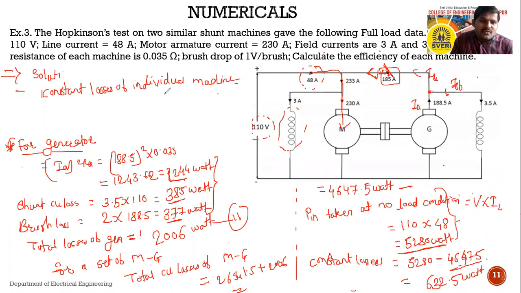It is equals to constant losses of both the machine 632.5. There are two machines, so that divided by 2. It is nothing but constant losses of individual machine. किती आता इथे? 316 वॅट.